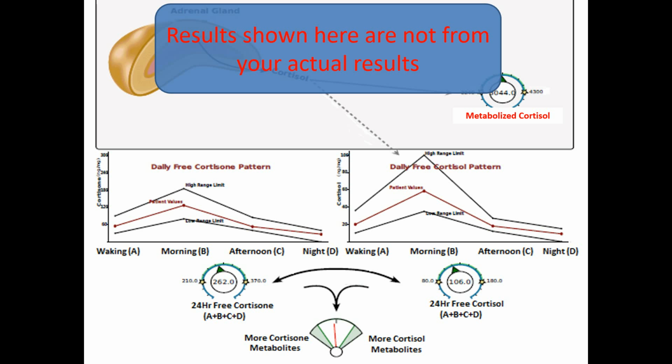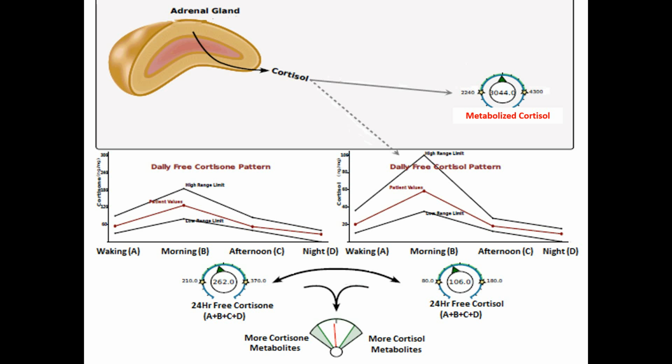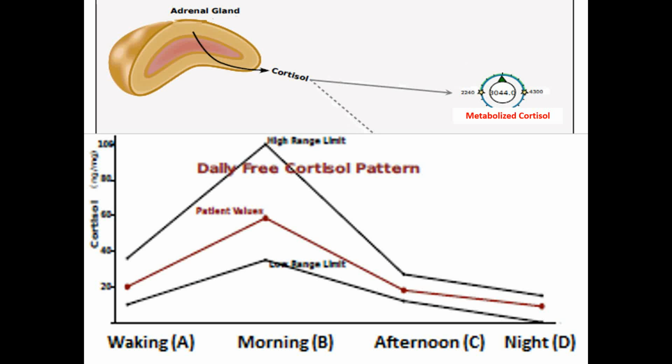As we're looking at these cortisol results, there's a lot of information here, but the primary bit of information that we want to look at first is the free cortisol pattern. So we're looking at cortisol 4 times throughout the day.